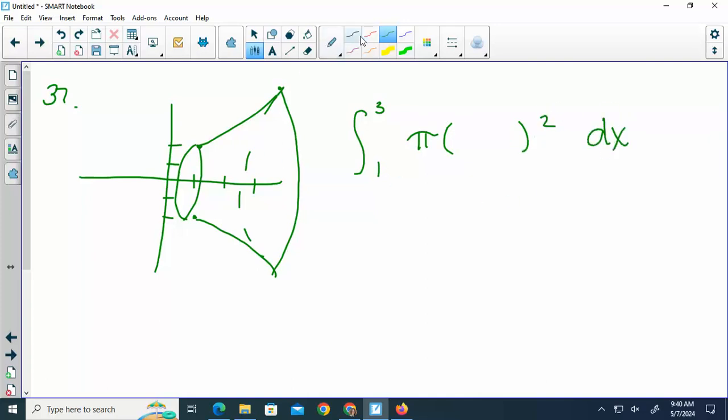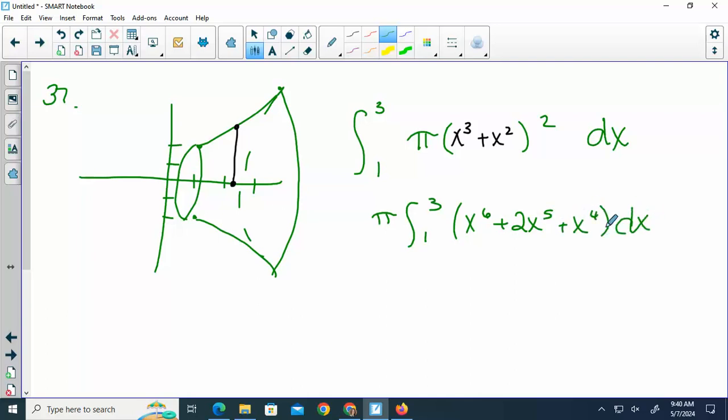The radius, so if we're thinking about a cross section, the radius is just the distance from the x-axis to the curve, and the curve was x cubed plus x squared. So we could take out the pi. To square that, you would have to FOIL, so you should get x to the 6th plus 2x to the 5th plus x to the 4th dx.